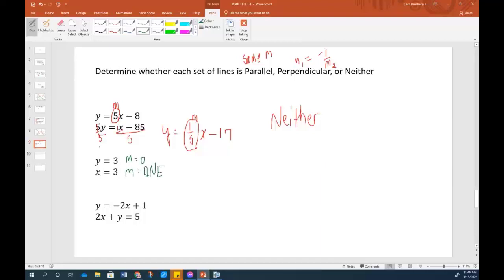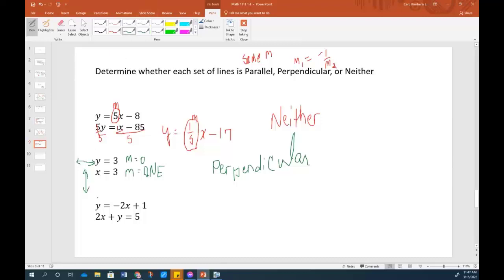This one is kind of an exception because one of these is horizontal and the other one is vertical, and horizontal and vertical lines are perpendicular. That is definitely not fitting the flip, the reciprocal sort of thing, but because it's horizontal and vertical, they are perpendicular.